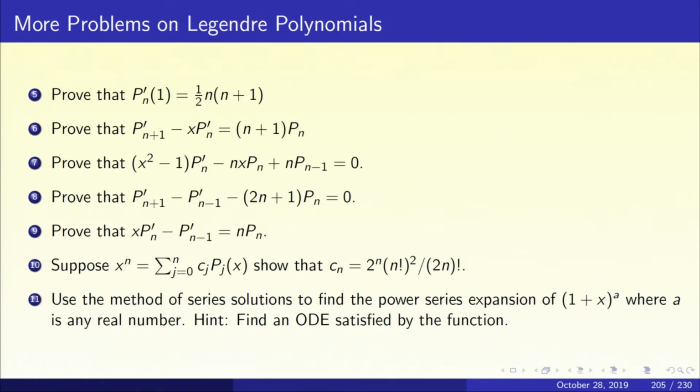Multiply both sides by Pn of x and integrate. So you will get by orthogonality integral minus 1 to 1 of x to the power n Pn of x equal to Cn times integral minus 1 to 1 of Pn of x the whole squared. We have just done in great detail the normalization.